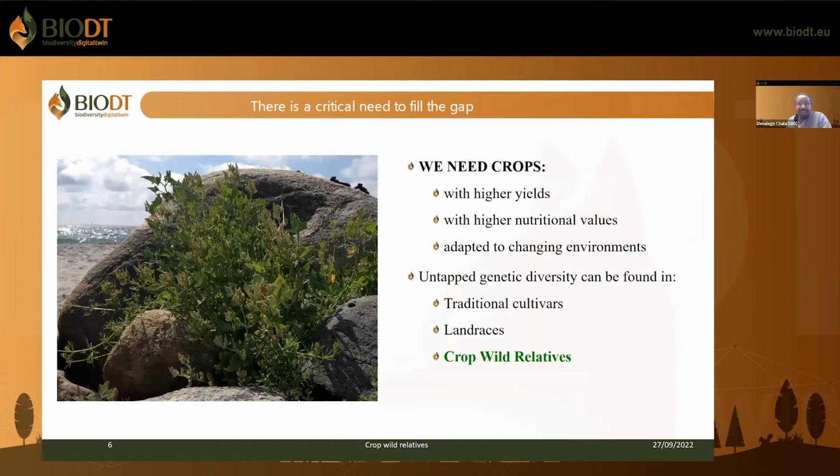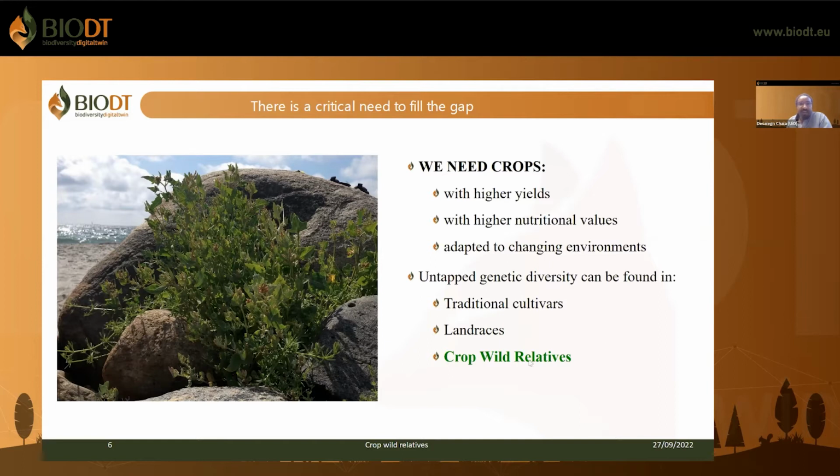And because of that, we need crops with higher yield, with higher nutritive values, and crops which are adapted to changing environments. And we have untapped genetic diversity in traditional cultivars, in landraces, and wild crop relatives.